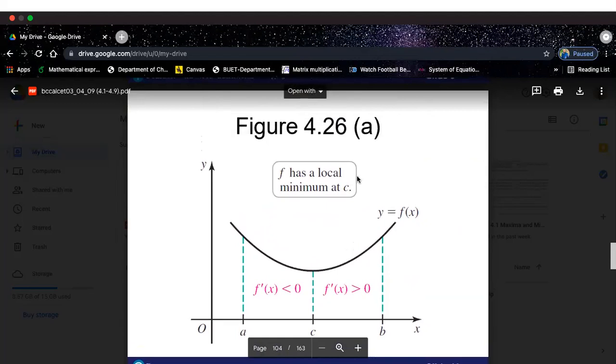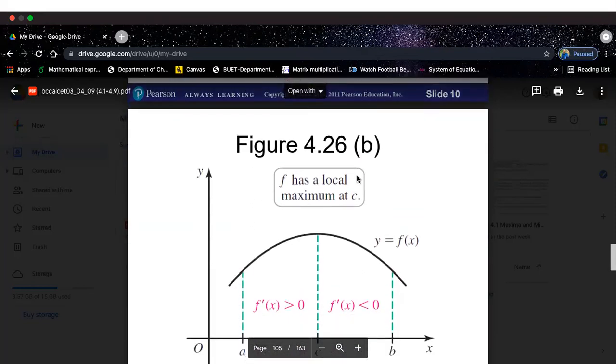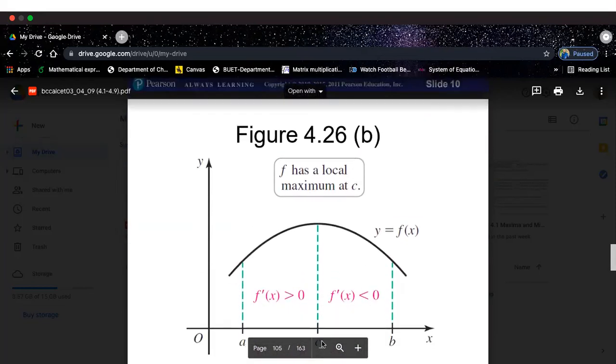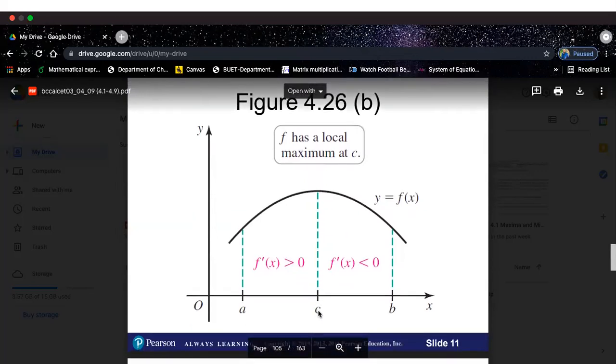Let's see this. Not this one, let's try this one, yeah. Okay, so as you can see, this is our C. The C is the critical point here, by the way, okay?